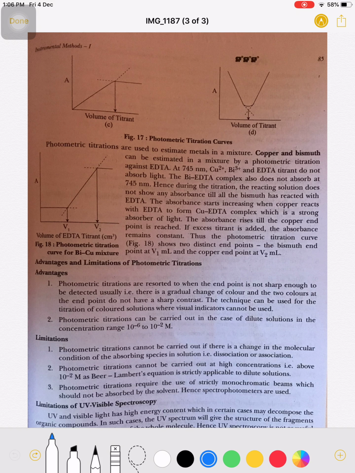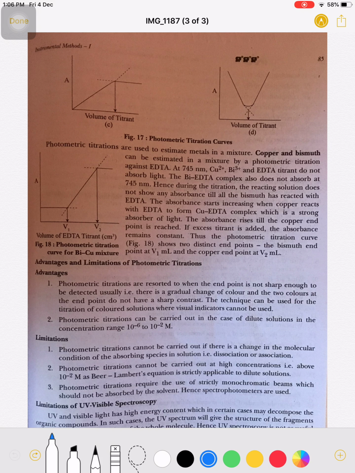Now see the limitations. Photometric titrations cannot be carried out if there is a change in the molecular condition of the absorbing species in solution. That is, if association or dissociation of a compound takes place in the solution, we cannot use photometric titration. The second limitation: photometric titrations cannot be carried out at high concentrations, because the Lambert-Beer equation is strictly applicable to dilute solutions.